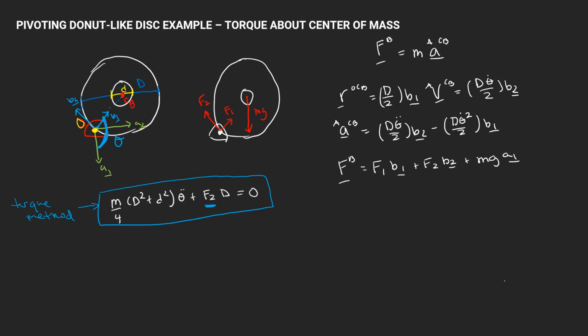Now you know that we're ultimately going to equate these, and it looks like we have mostly B terms. So let's turn this A1 into terms of B1 and B2. So we can write this as F1 B1 plus F2 B2 plus mg times cosine theta B1 minus sine theta B2.